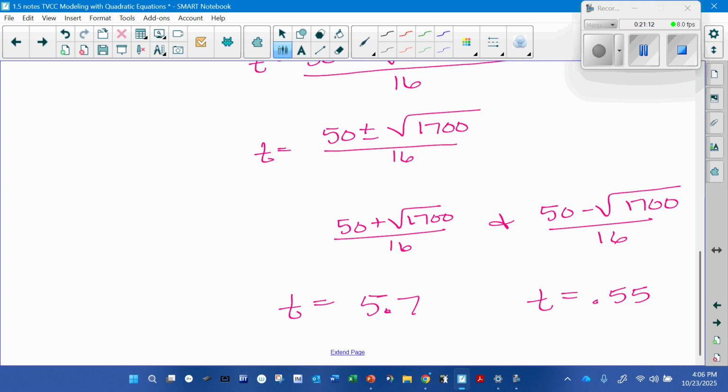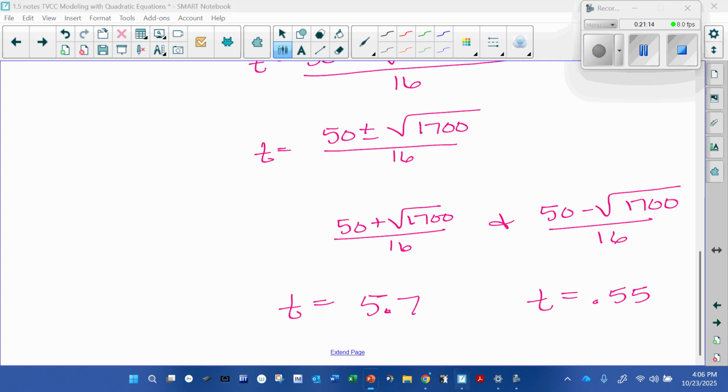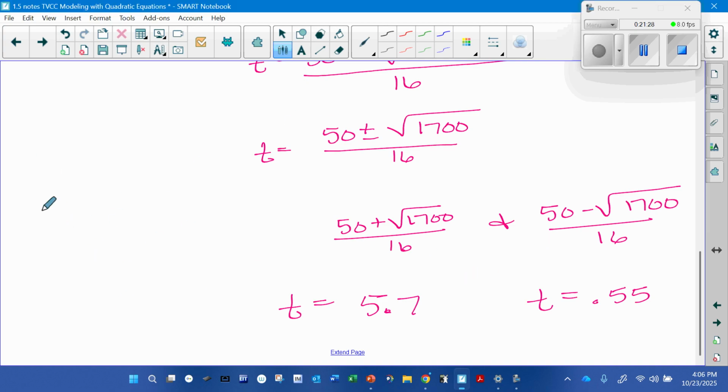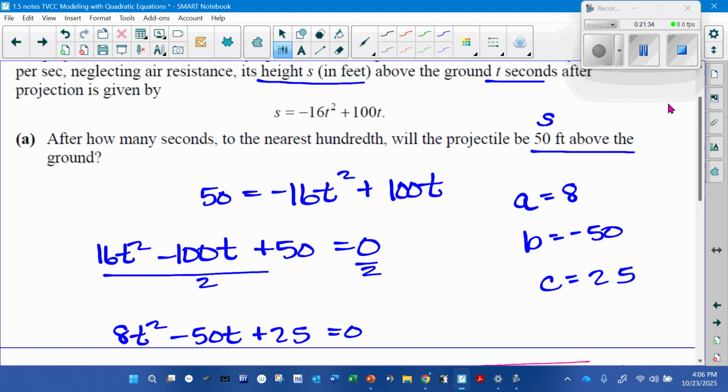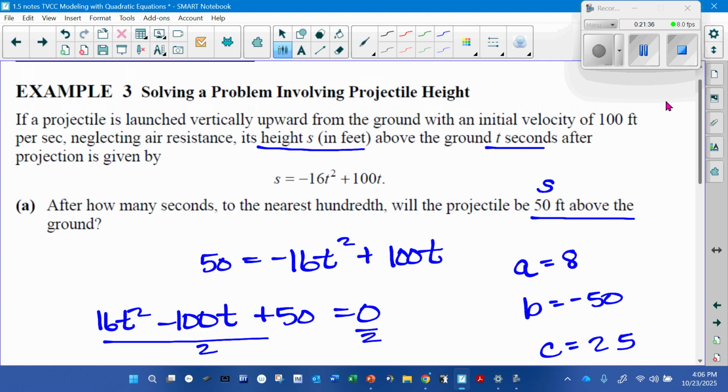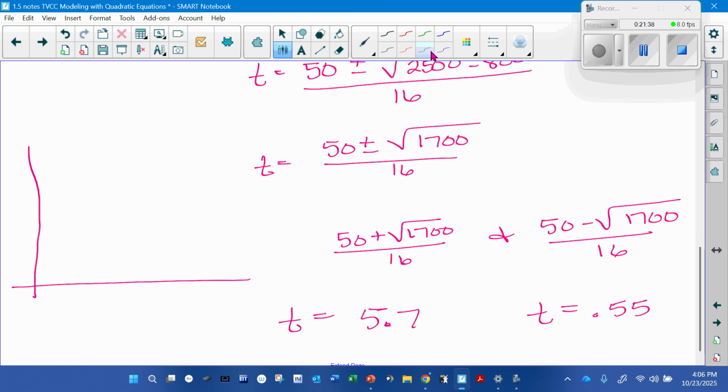So now I know both solutions are acceptable since the projectile reaches 50 feet twice. Once on its way up, so think about a grid. So we are projecting this, and when you shoot this, it's going to go up, and what comes up must come down.